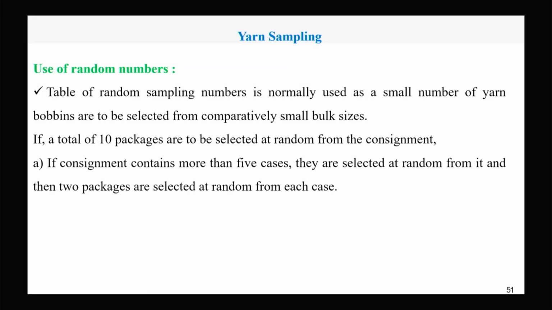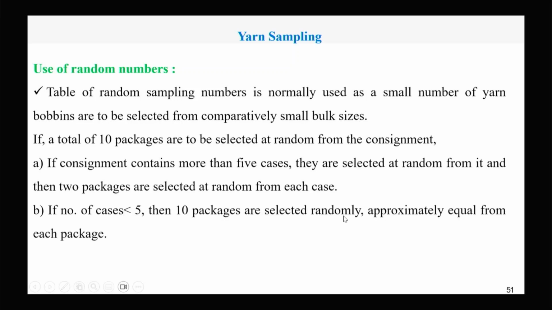If it is more than 5 bags, they are selected at random, and then 2 packages are selected at random from each. That means 10 cones you have to select. So first select 5 bags, then from there you select 2 cones per bag. If the bags are fewer, then use all the bags, and suppose 3 bags are there, randomly you select from that. Typically almost equal from each bale.